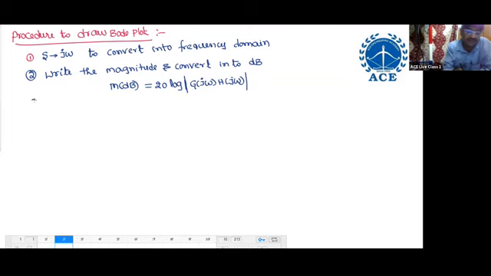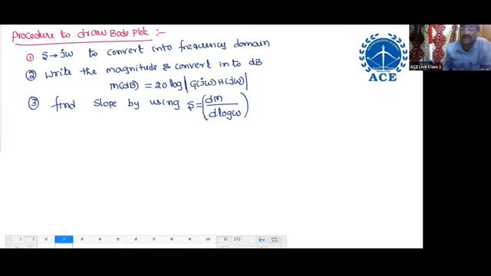Next, find the slope by using S equal to dM by d of log omega. Differentiate the magnitude with respect to log omega, then you will get the slope. Simple logic: for example, this is y and this is x.